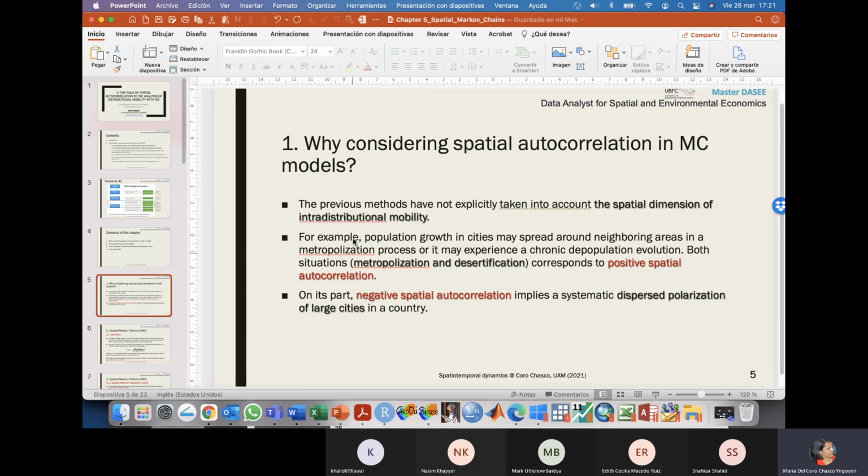It's not so easy, but as I said the other day, it is very important that you can translate. So I have negative spatial autocorrelation. What does it mean for this phenomenon specifically? This was a big effort for Andres and for me, to translate into metropolization, this urban evolution, into phenomena that are taken into account in urban systems.